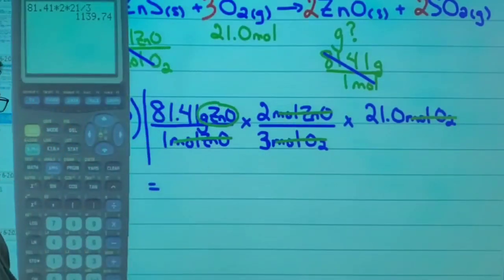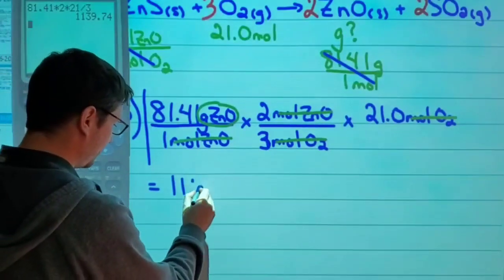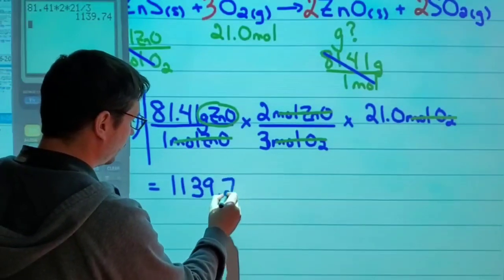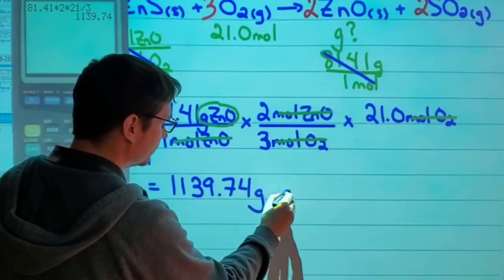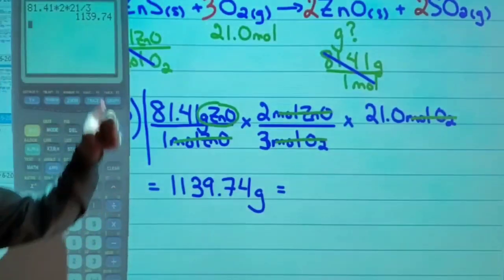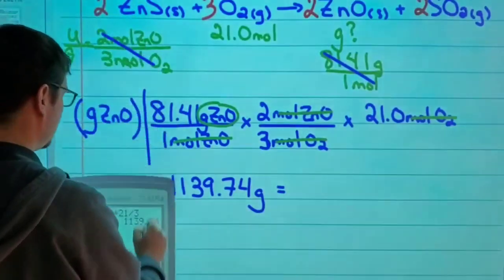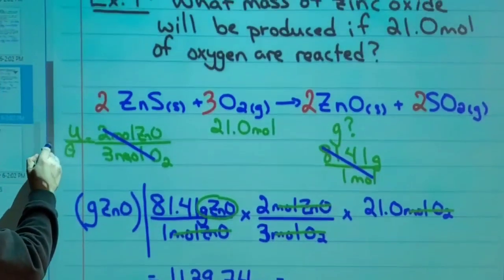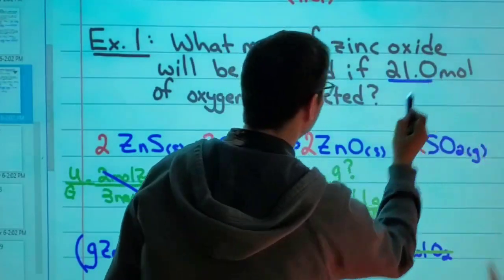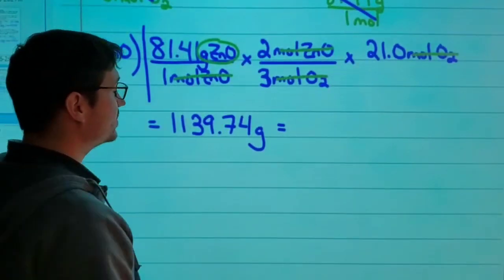I get 1,139.74 grams. Now that's obviously not an appropriate number. There's way too many significant digits. If we go back to the original piece of information, it gave us 3 significant digits. So we have to round to 3 significant digits.